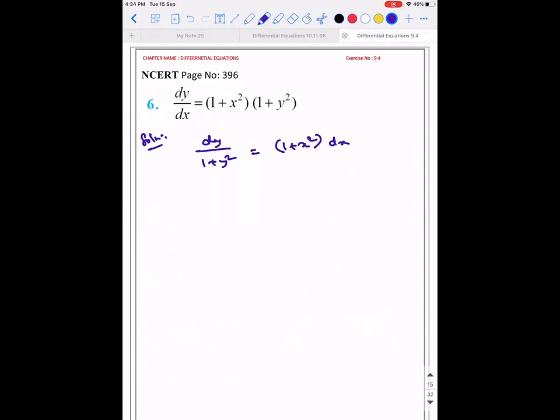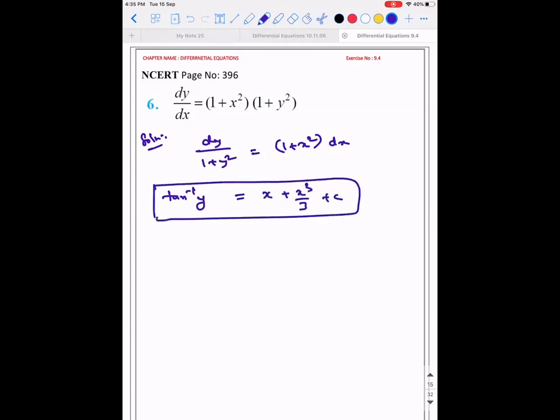Tan inverse y is equal to x plus x cube by 3 plus c. You can either leave it like this or you can write it as y is equal to tan of that thing. It's better to leave it in the form of inverse trigonometry. This will be the equation.